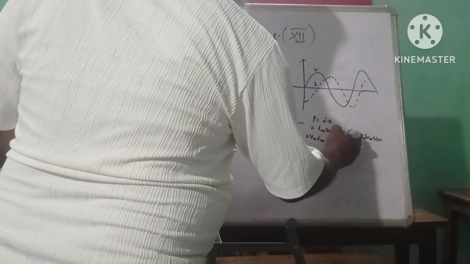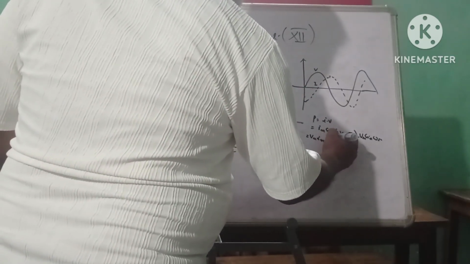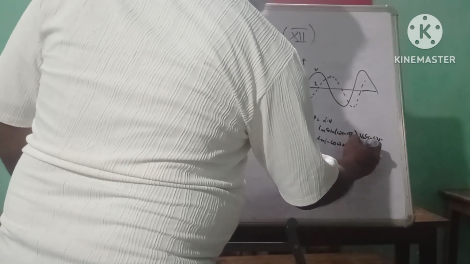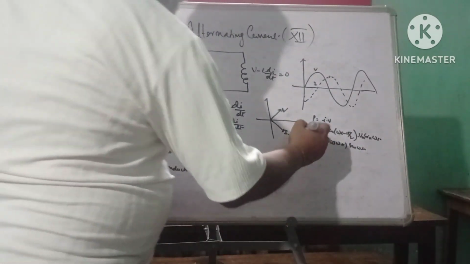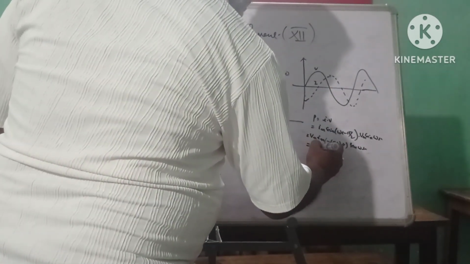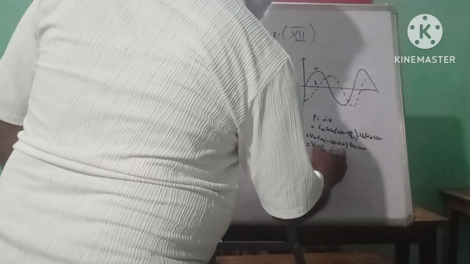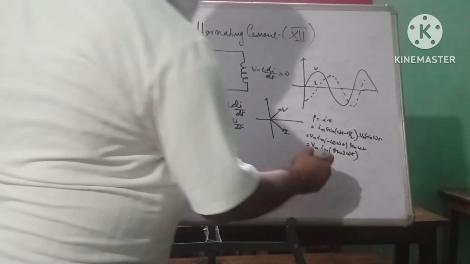If you take minus common, sin(omega t minus pi by 2) will be minus cos omega t, and multiplied by sin omega t, this is equal to minus Vm Im by 2 sin 2 omega t. This is all about trigonometry.